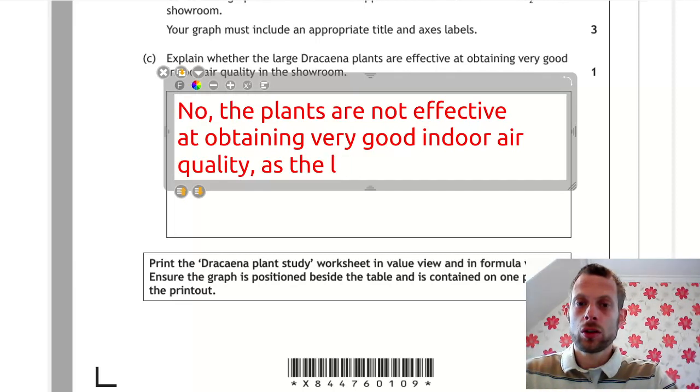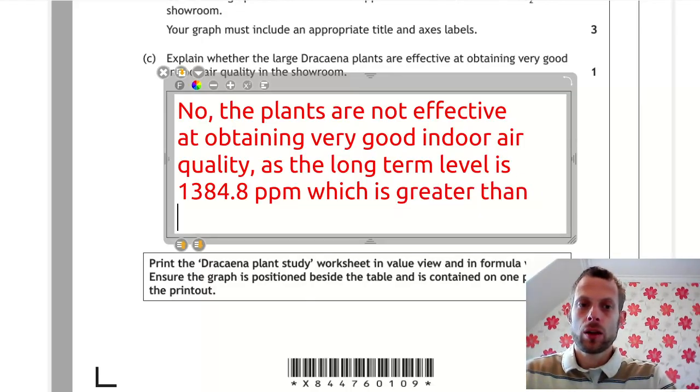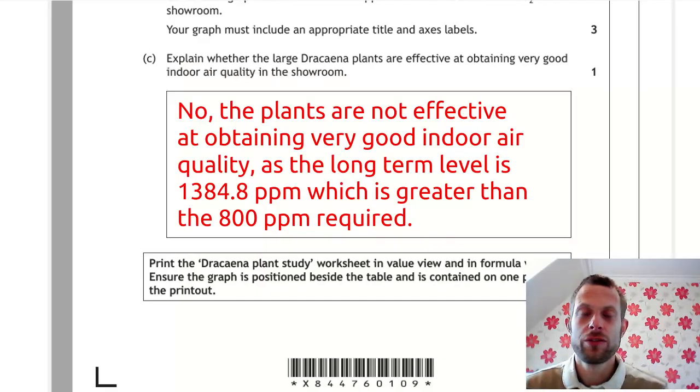So the long-term level is 1384.8 parts per million, which is greater than the 800 parts per million required. So that's that question finished. I hope you enjoyed recurrence relations.